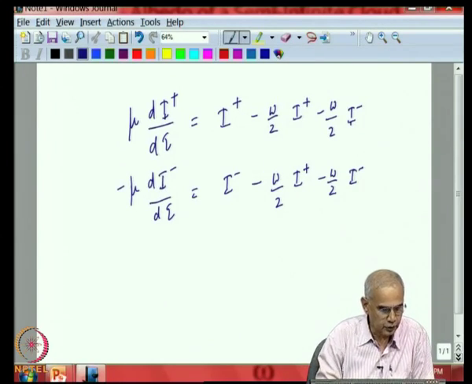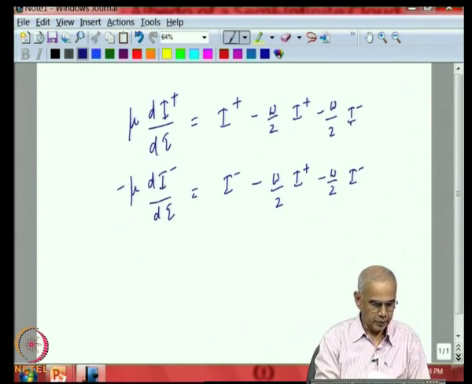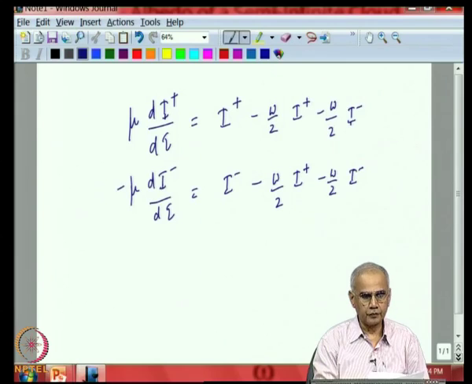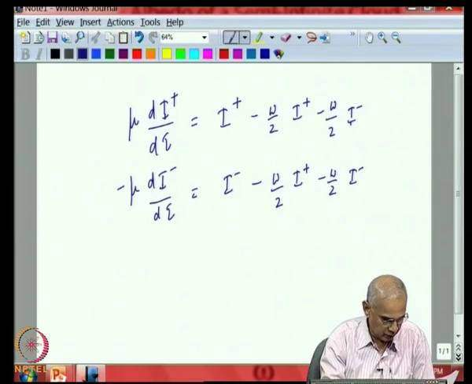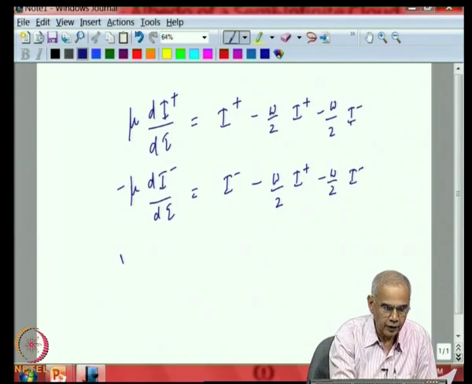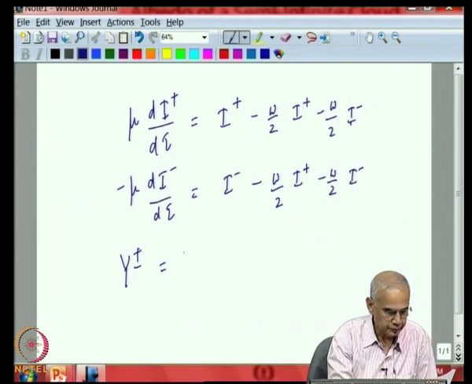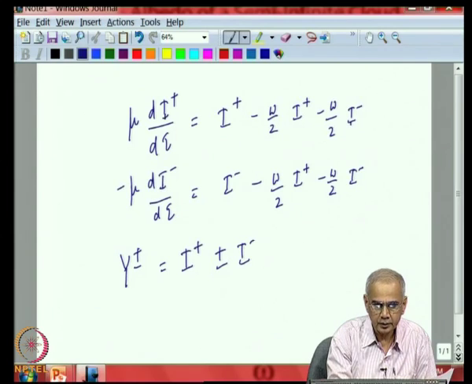And the solution to the equation can be written in a very simple way. One of the ways is to define Y plus or minus equal to I plus or minus I minus.